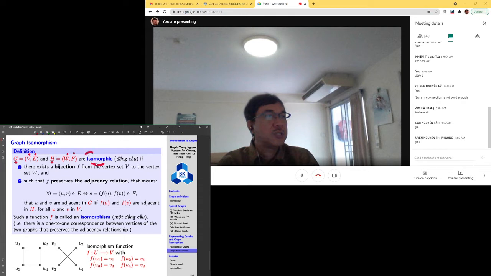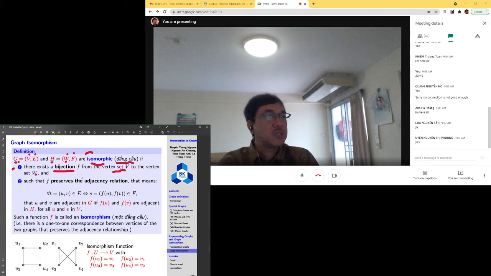So the graphs G and H are isomorphic if, first of all, we can find a bijection from the vertex set V of G to the vertex set W of H. Okay, the second graph.